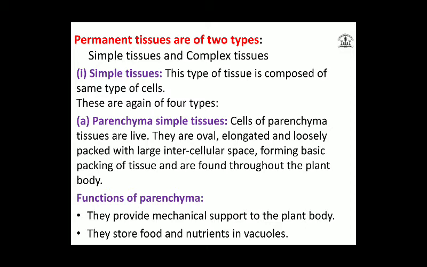Simple tissues are further categorized into 4 types. The first one is parenchyma. These tissues are living tissues.